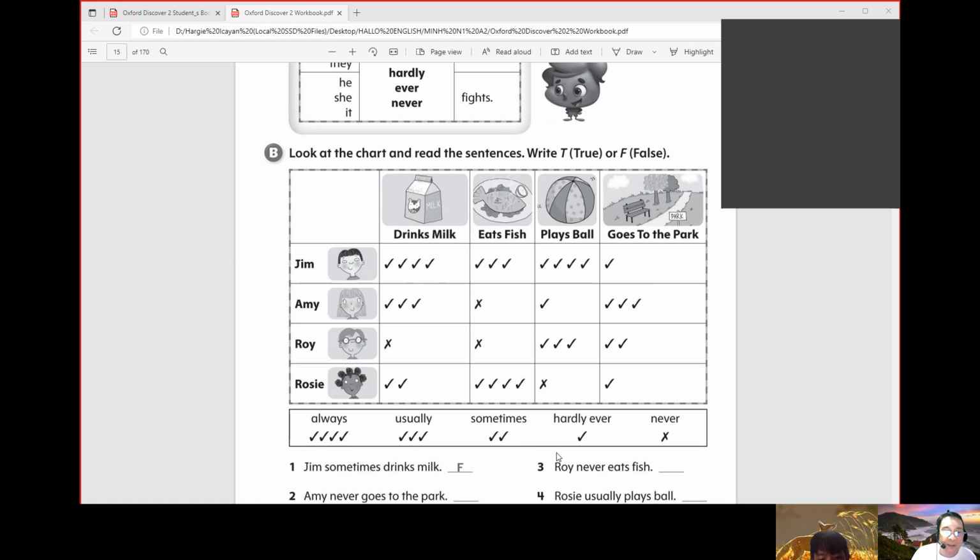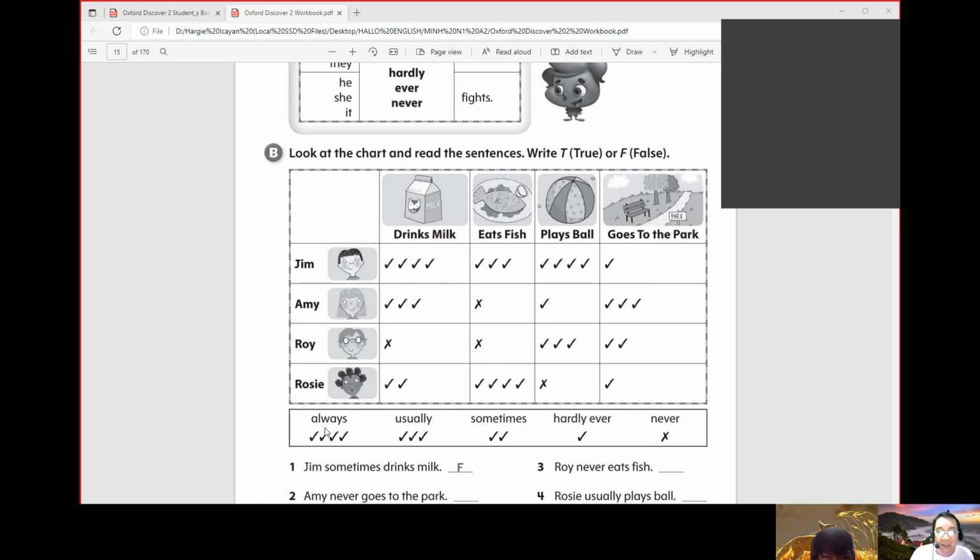Now, let's try to study this one. Four checks would mean always. Three checks would mean usually. Two, sometimes. One, hardly ever. And then X would be never. What have you observed here?